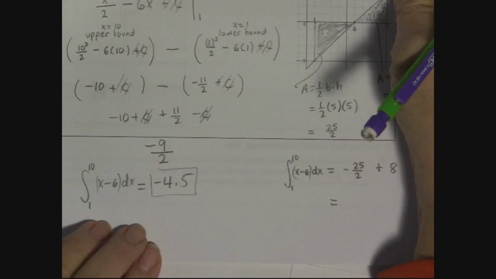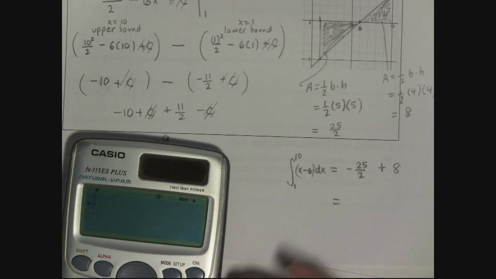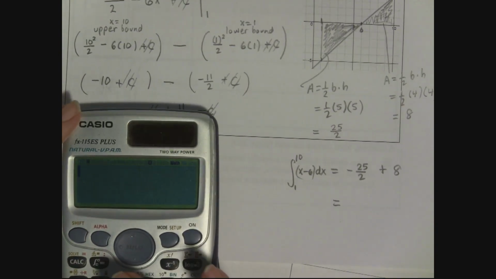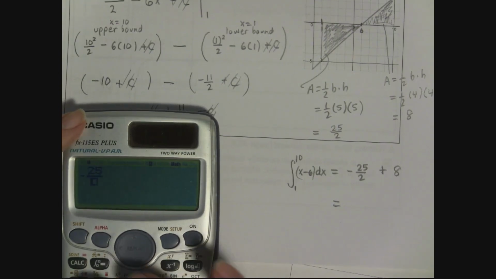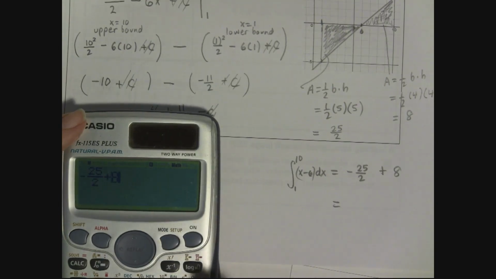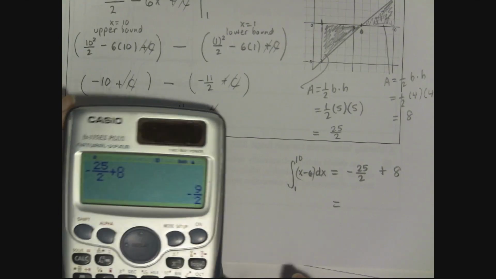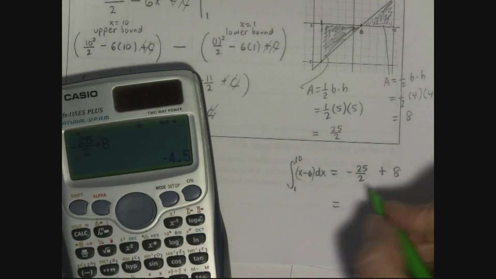If it's not equal, then we know we have a mistake somewhere, because we did it both ways, using geometry and using the fundamental theorem of calculus part 2. So I'm putting this in my calculator, negative 25 over 2 plus 8, and I'm hoping that is negative 9 over 2, which is negative 4.5.